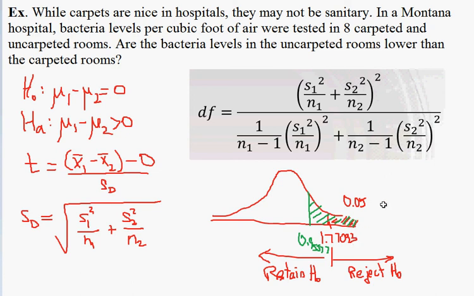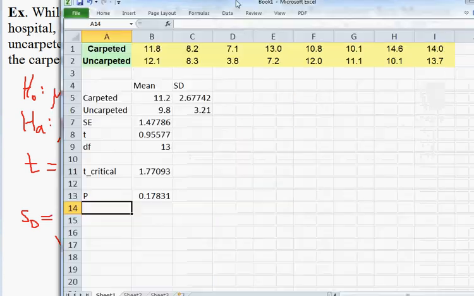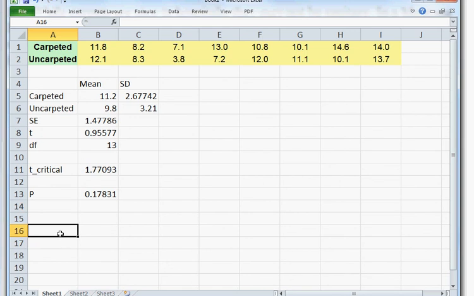And that area in green worked out to be 0.178. Clearly that is bigger than 0.05. I shaded over the red region, and so that's bigger than alpha, so my decision again is to retain the null hypothesis. So, concluding, we retain the null hypothesis.